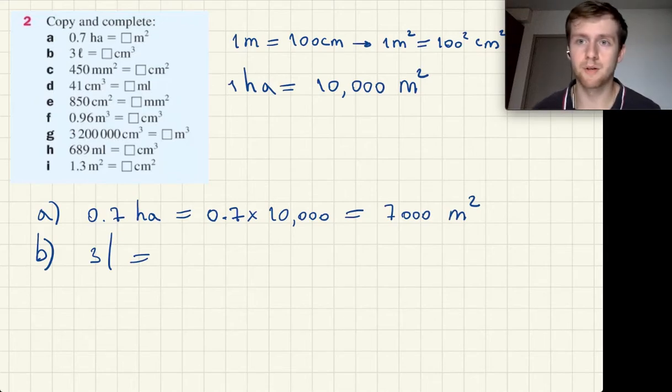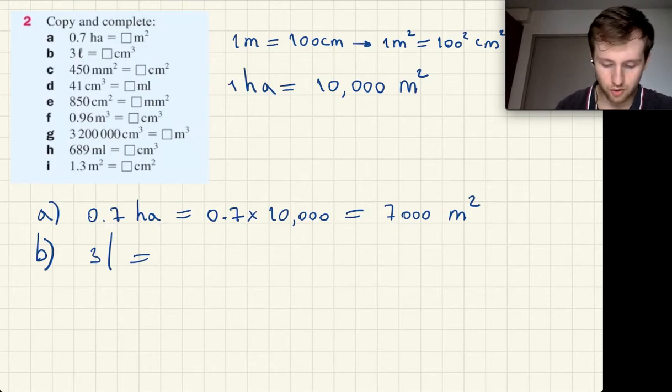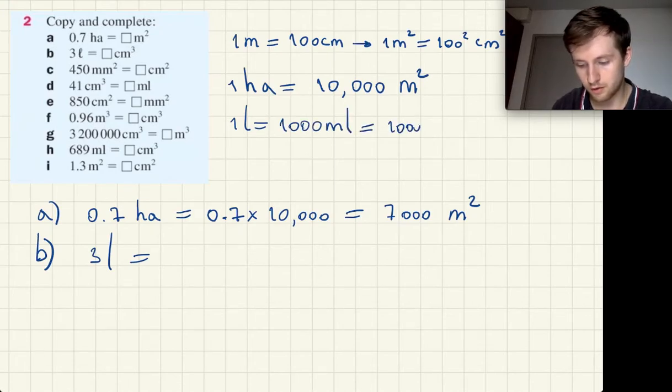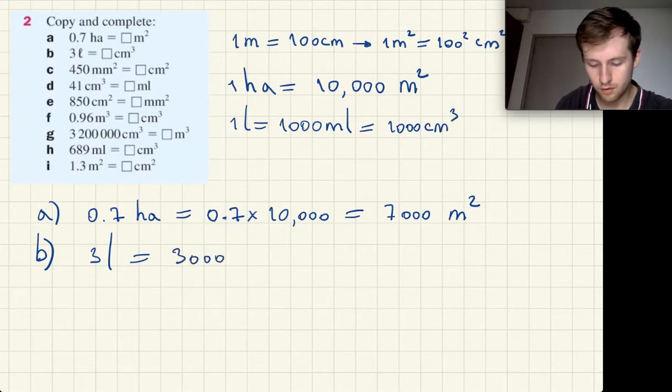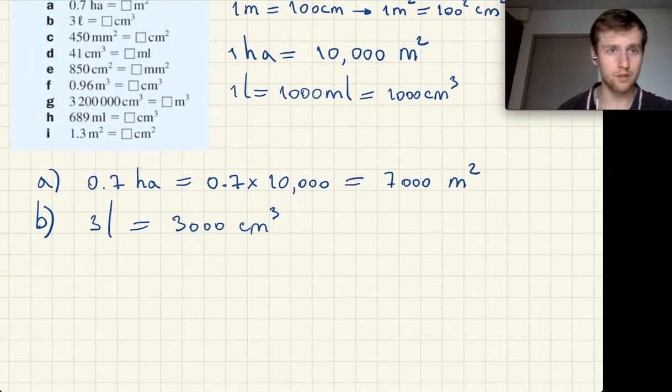Maybe I will make a video about it later. Why is a centimeter cubed equal to a milliliter? So 3 liters would be equal to, and we know that 1 liter equals 1000 milliliters and also equals 1000 centimeters cubed. So 3 liters would be equal to 3000 cubic centimeters. That would be the good word.